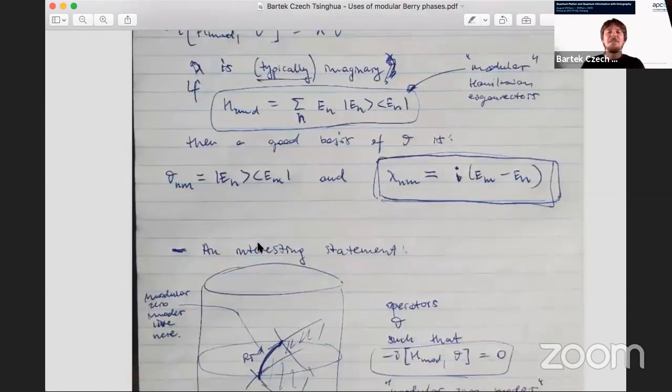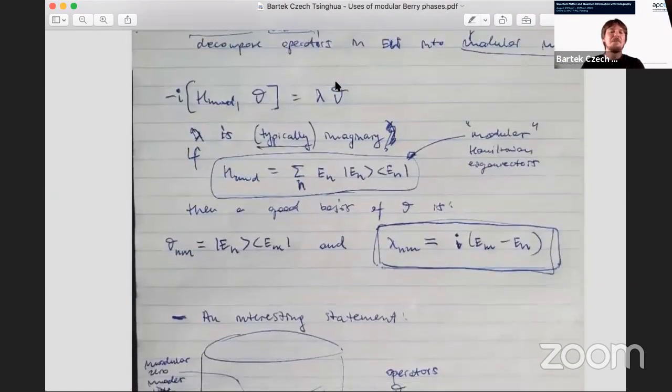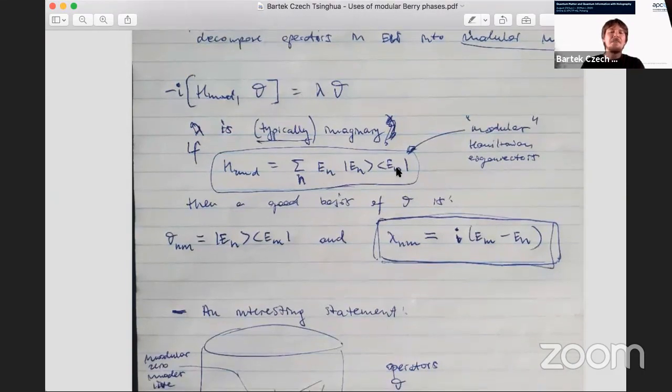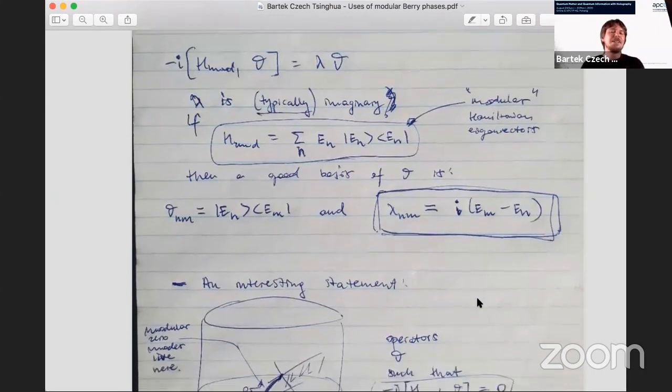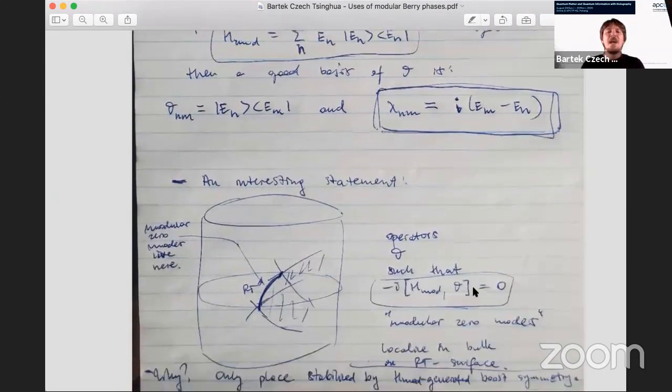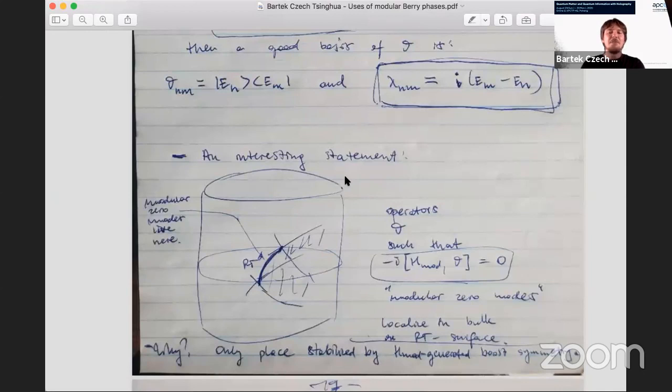And decomposing that is really equivalent to rewriting an operator in terms of this eigenbasis of this equation for different values of lambda. I can think of lambdas as being i times the differences between the different modular energies. And there is an interesting statement about such decompositions.